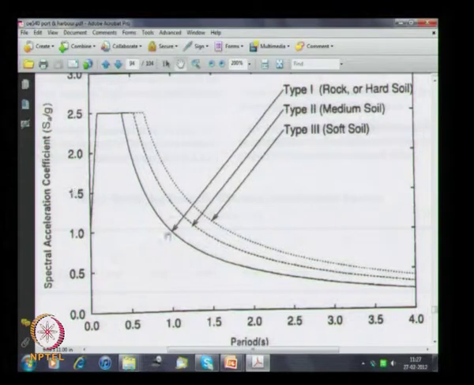If you take 1 as the period and go vertically, for rock it is near about 1, and for soft soil it is near about 1.8. So the better the soil, the lesser your seismic acceleration coefficient will be.